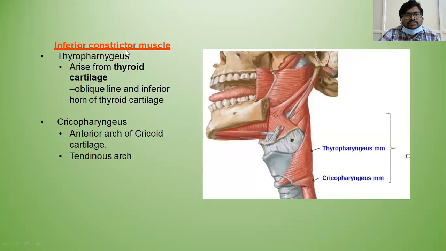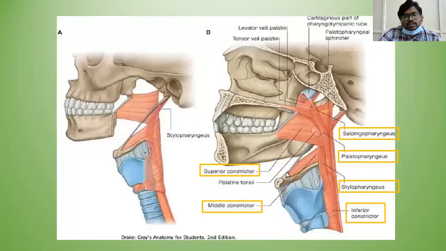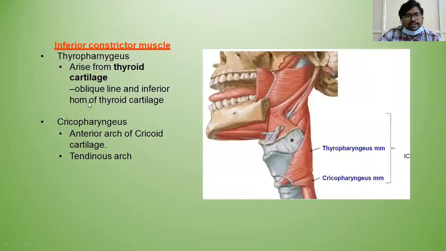The thyropharyngeus muscle arises from the oblique line on the outer surface of the thyroid cartilage. And cricopharyngeus arises from the anterior arch of the cricoid cartilage and also a tendinous arch. You can see this is the tendinous arch. This tendinous arch extends from the thyroid cartilage to the cricoid. This arch transmits a muscle.